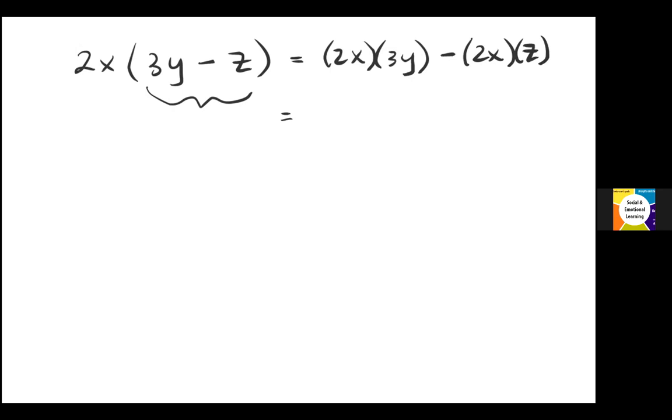It's going to be equal to 6xy. We still have to have that x variable in there. And then we're going to get negative 2xz. So this is what would be the simplified form of this if they asked us to expand.